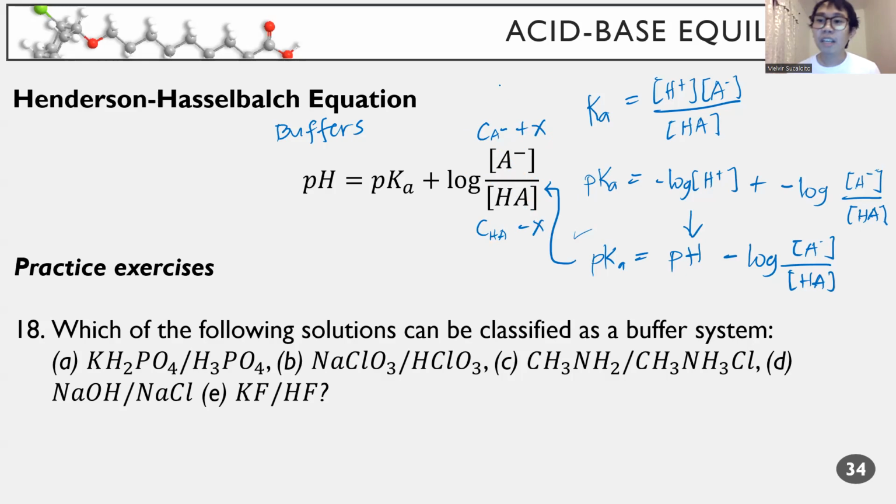Okay? So we just neglect the additional X or the minus X. So we just simply put the initial concentrations here. Kasi if you'll notice for buffers, wala masyadong effect, so hindi masyadong significant yung plus X at yung minus X.